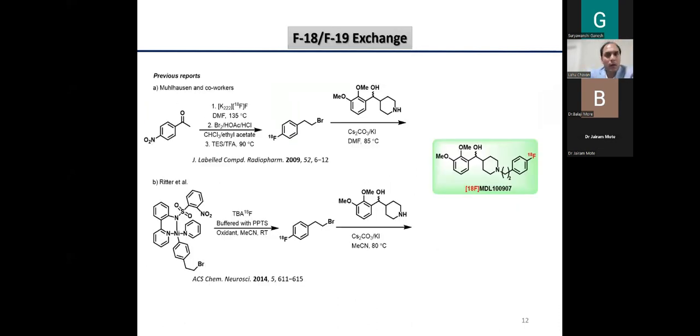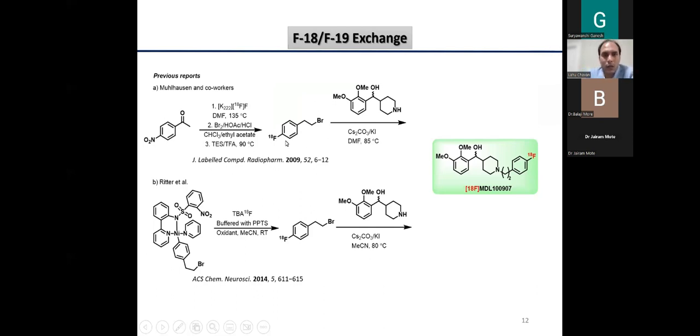Before that, these are a few previous reports where this F18 radiotracer, F18 MDL-10907, was synthesized in multiple steps. In this one, they started from para-nitroacetophenone. Initially they substituted the nitro group using F18 potassium fluoride, then did alpha bromination using bromine in acetic acid, and later reduced this keto group using TES.